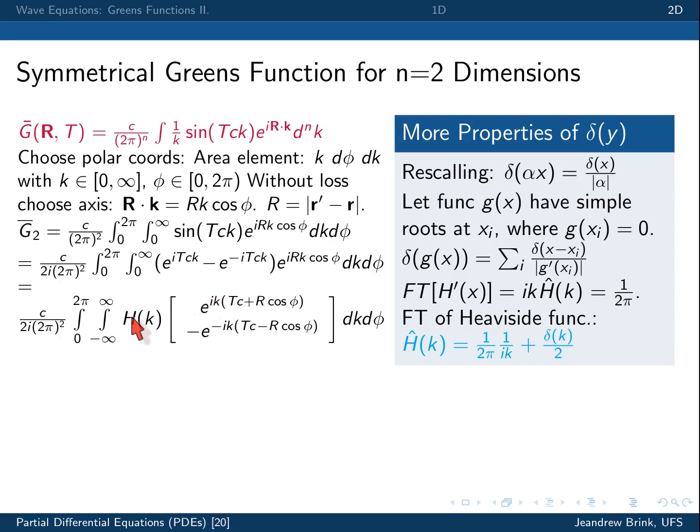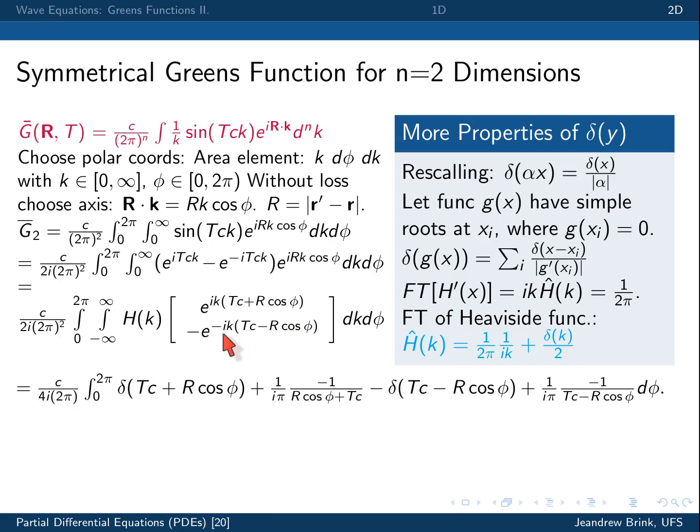And so the Fourier transform of that should just equal 1 over 2 pi ix plus the delta function evaluated at x. And this x is now equal to minus this expression here. In fact we have two of them just with a different x, where the x over here is just tc minus r cos of phi.